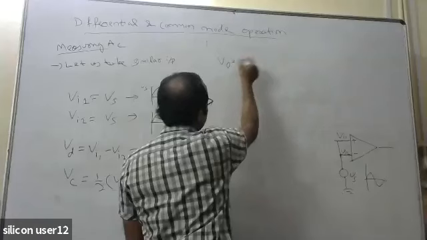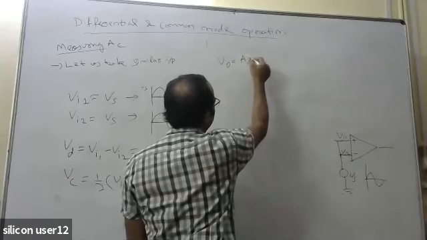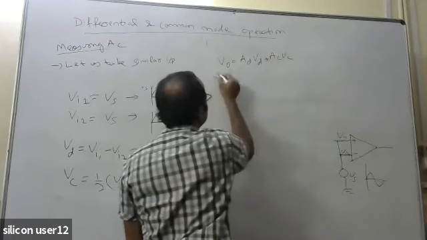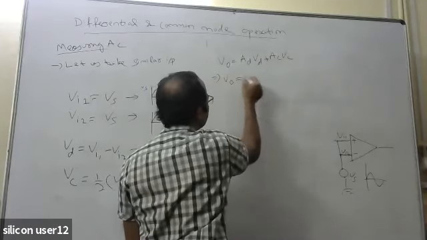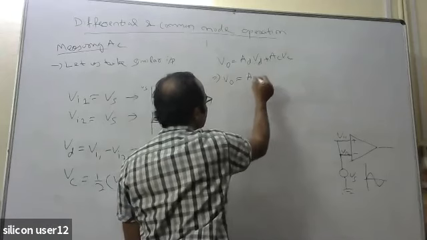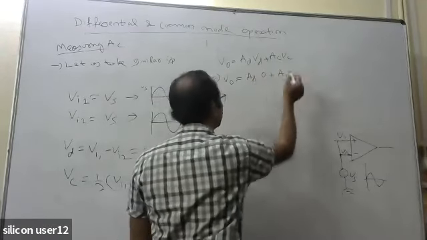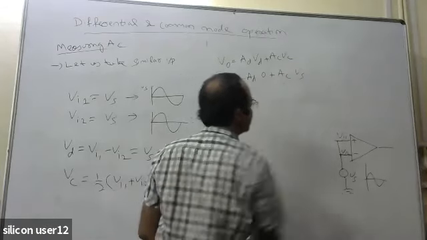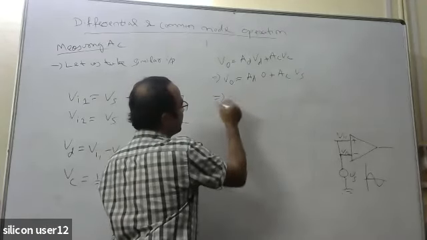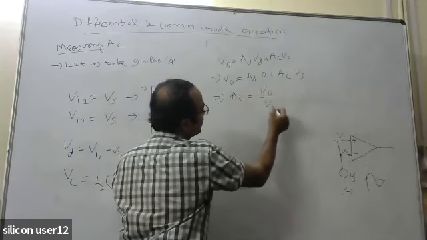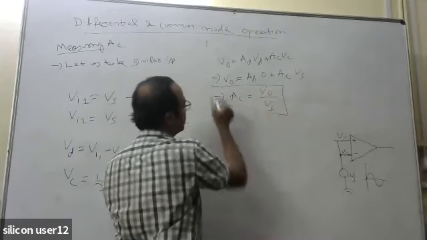Your net output V0 equals AdVd plus AcVc, which implies V0 equals Ad times 0 (in place of Vd) plus Ac times Vs (in place of Vc). Okay, implies your AC equals V0 by Vs.